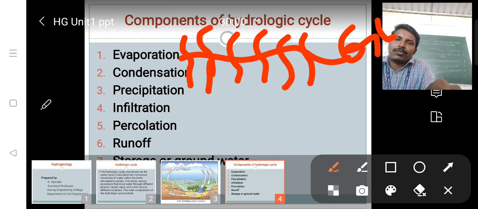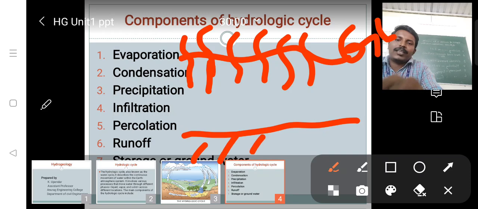In an unconfined aquifer, the top layer is the permeable layer, which allows the water into the ground, and the bottom layer is the impermeable layer, which does not allow water to pass.